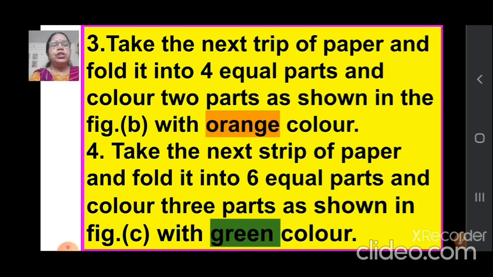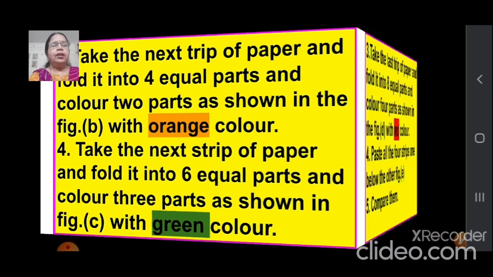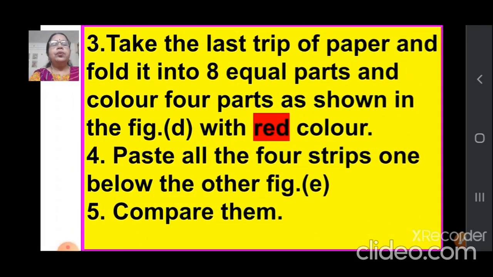Then fourth step, take the next strip of paper and fold it into 6 equal parts and color 3 parts as shown in figure C with green color. Now next point is, take the last strip of paper and fold it into 8 equal parts and color 4 parts as shown in the figure D with red color.